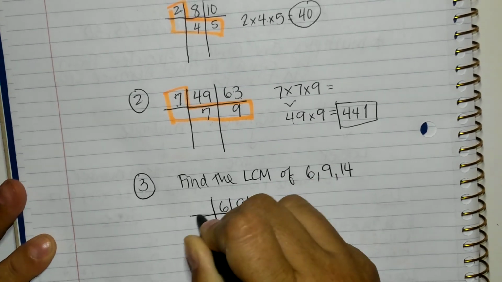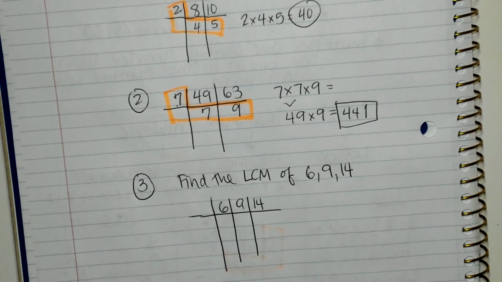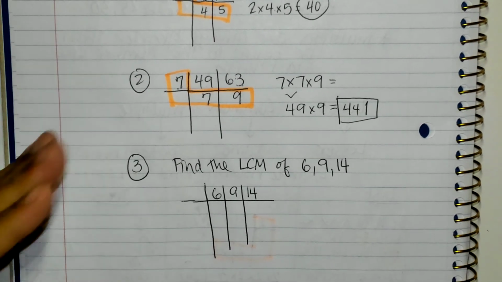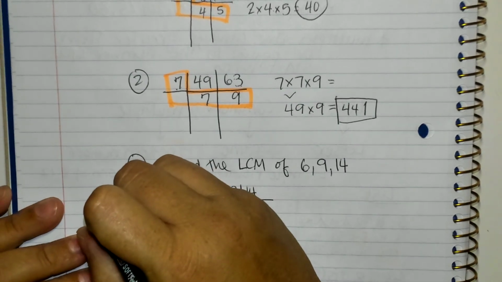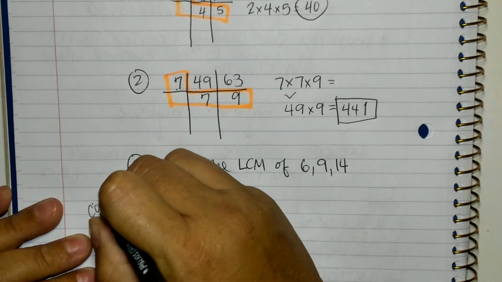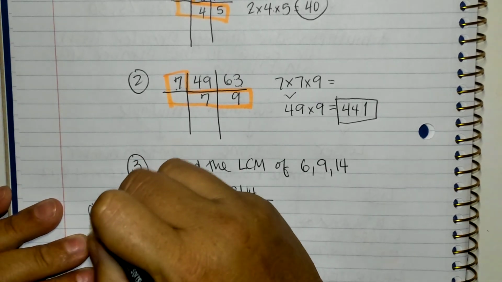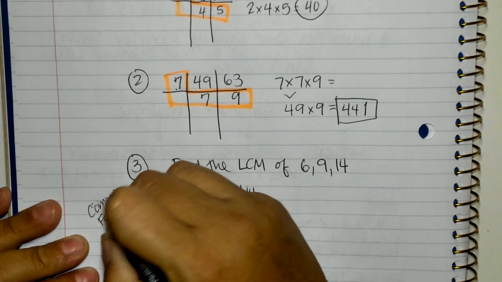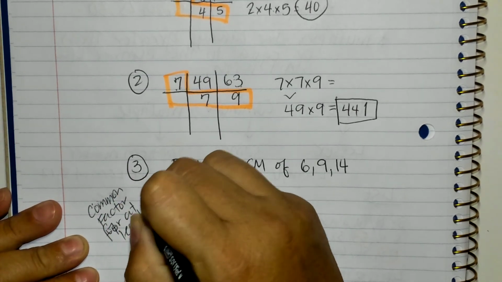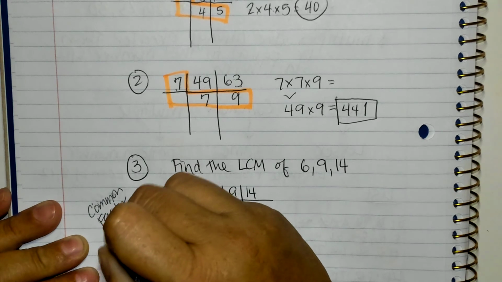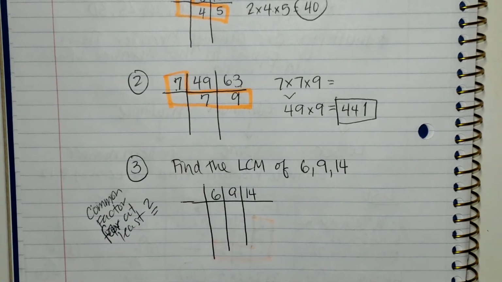Okay, so here's the tricky part. You want to find a common multiple that goes into at least 2 of these. At least 2. Sorry, factor, not multiple. Common factor for at least 2, when I have 3 numbers.